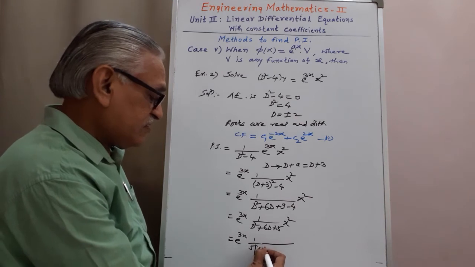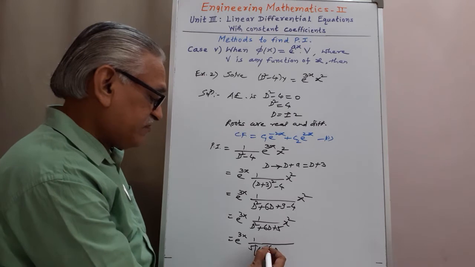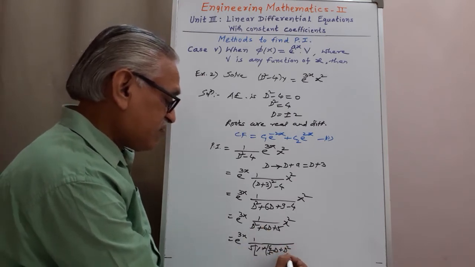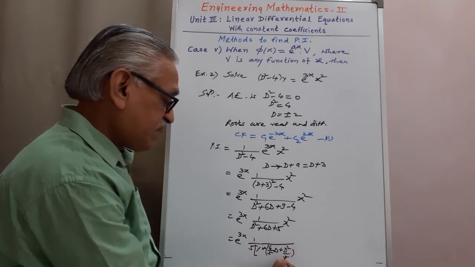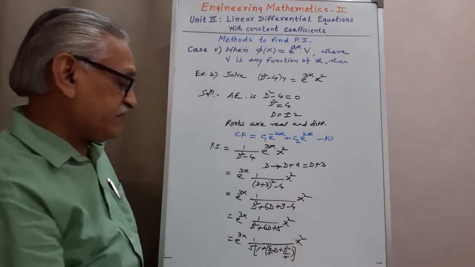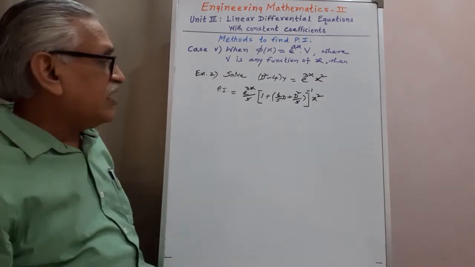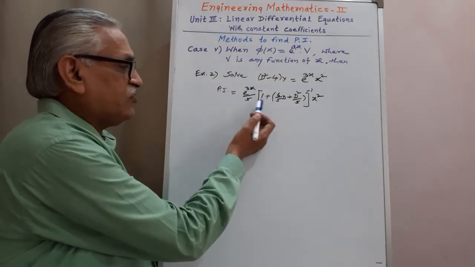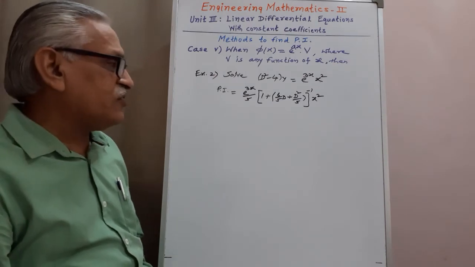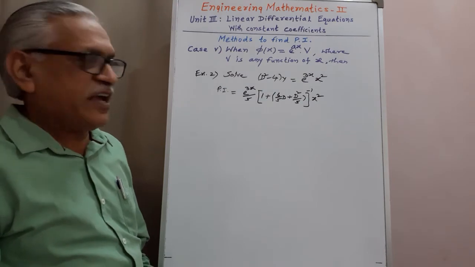Next, 6 by 5 times D and plus D square by 5, which we have to operate on x square. Then transferring this term to the numerator, we get e raised to 3x by 5, (1 plus 6 by 5 D plus D square by 5) raised to minus 1, operated on x square.